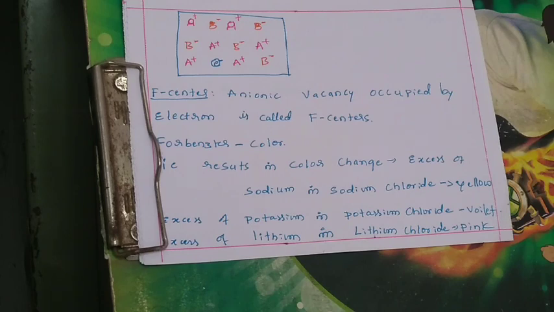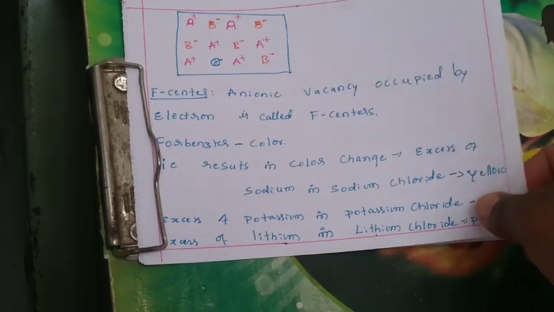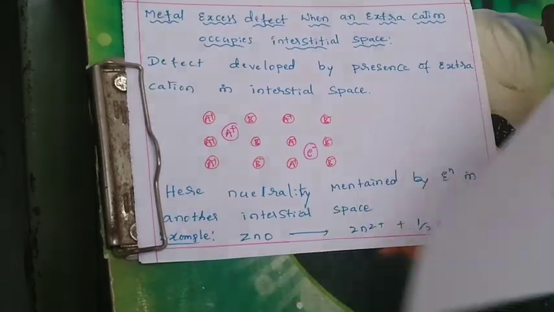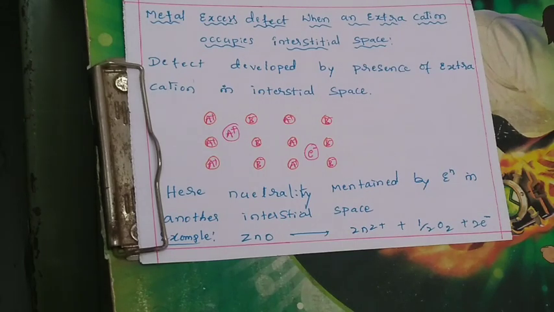In potassium chloride, if there is an excess of potassium, that gives a violet color. In lithium chloride, if there is an excess of lithium ions, it imparts a pink color to the crystal lattice.